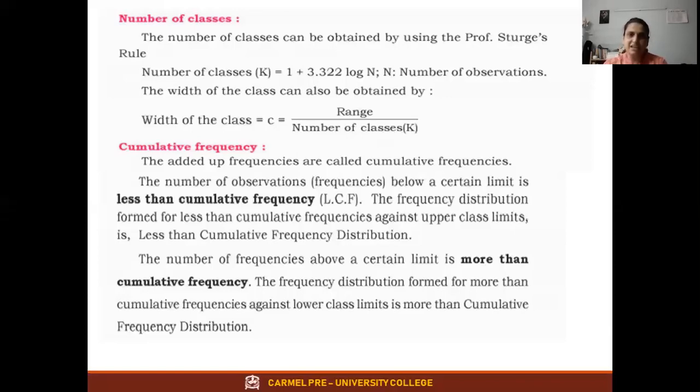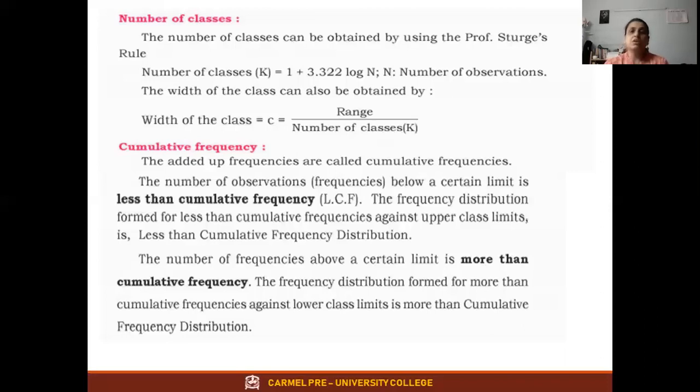Since it is less than, it is below a certain limit. Since it is more than frequency, it is above a certain limit. See the words we are using. Less than and below. More than and above. Easy for you to remember what is cumulative frequency, what is LCF, what is MCF.